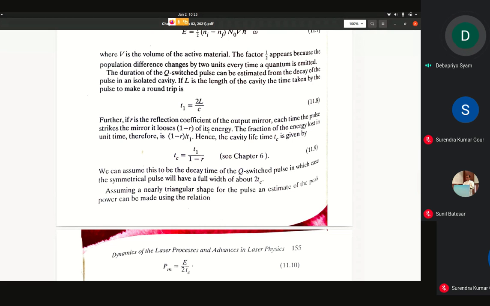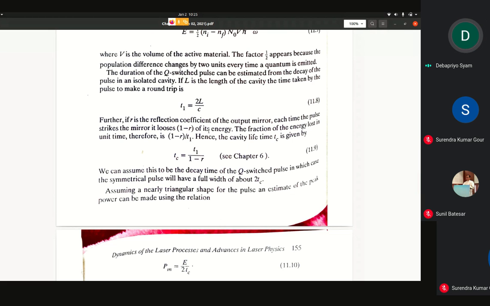And the total amount of energy delivered, let's move slightly upwards. Suppose the total amount of energy delivered is equal to, say, 10 joules. So what is the delivered peak power of the pulse that is produced? It is equal to something like 10 joules by, say, 100 nanoseconds. 100 nanoseconds means 0.1 microsecond.